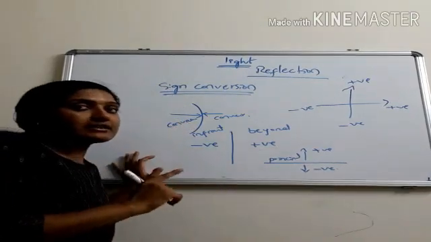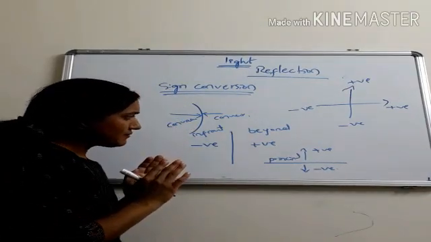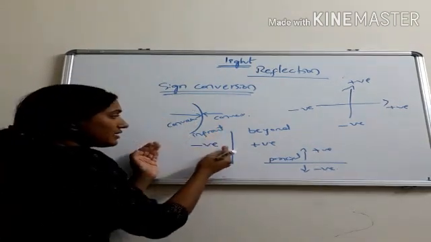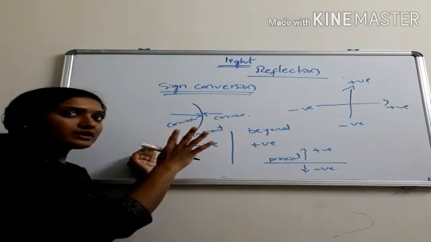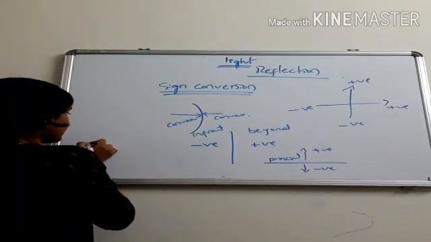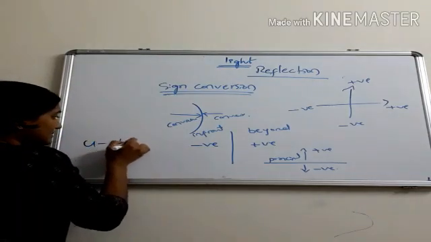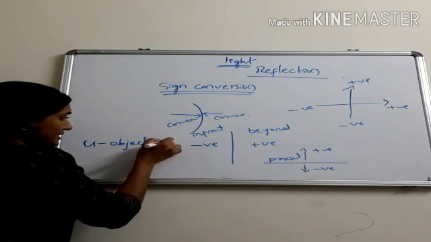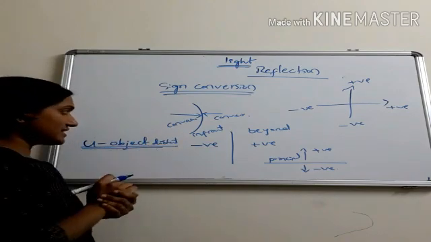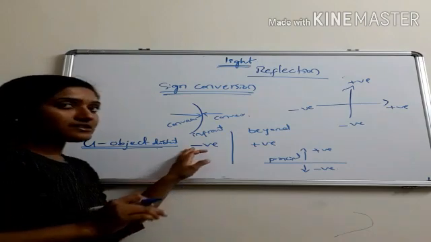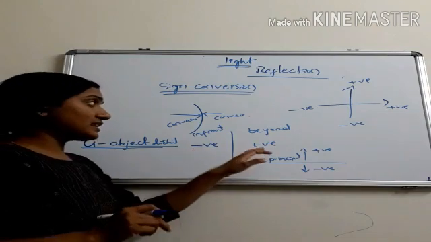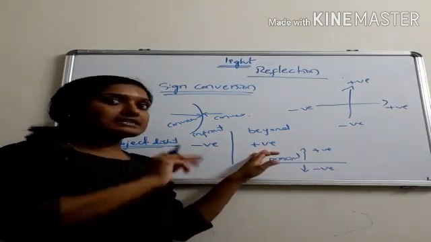You know that in a convex mirror the image forms behind, and in a concave mirror the image forms in front. So u means object distance. Clear? The object distance is always negative in case of concave mirrors, and the object distance in case of convex mirrors is always positive.